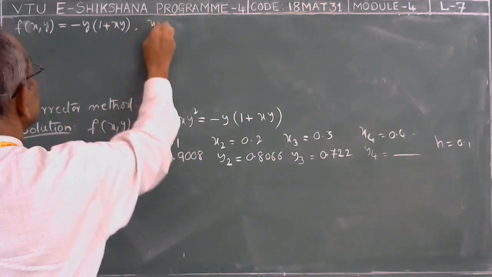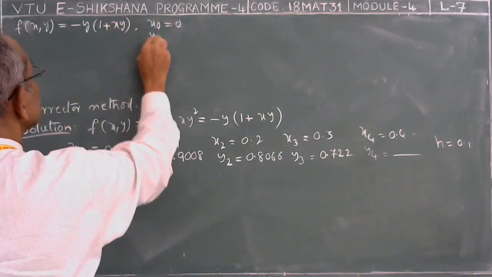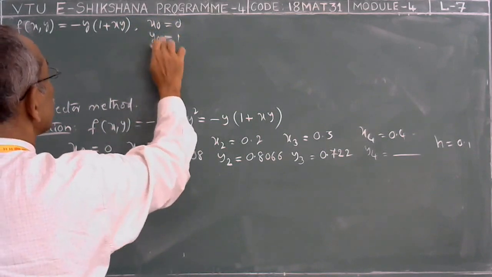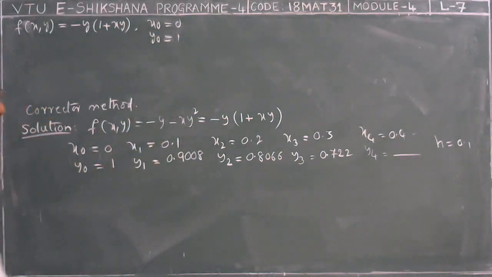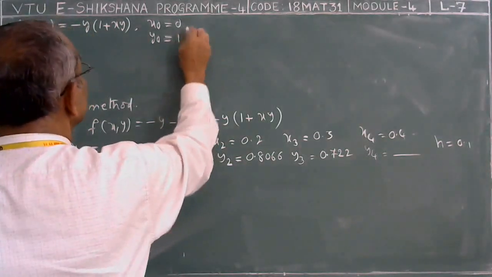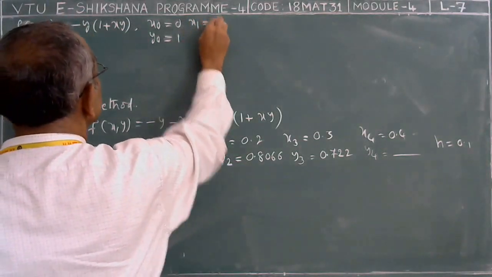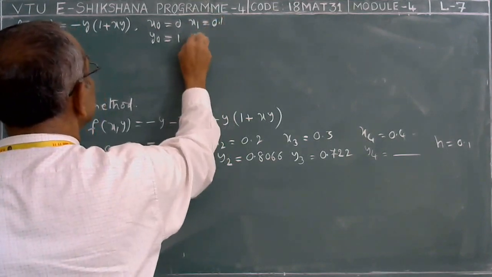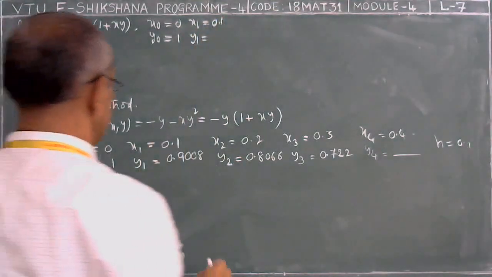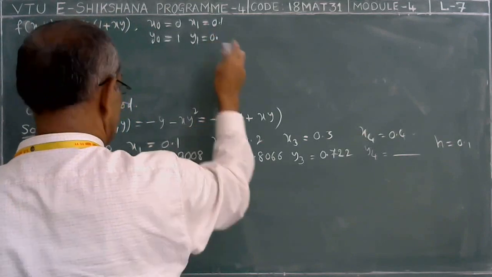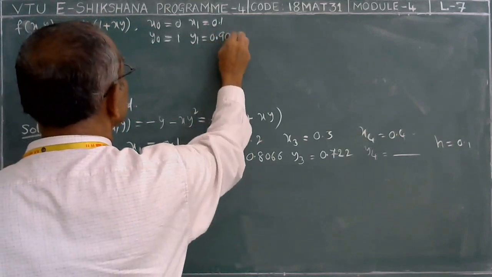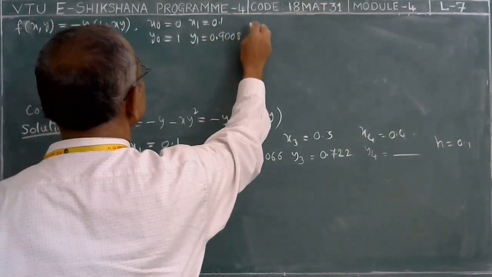Okay. X naught is 0, y naught is 1. x1 is 0.1, y1 is 0.9008.